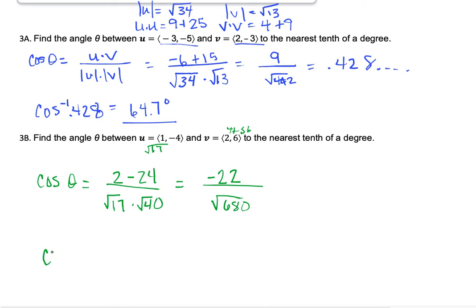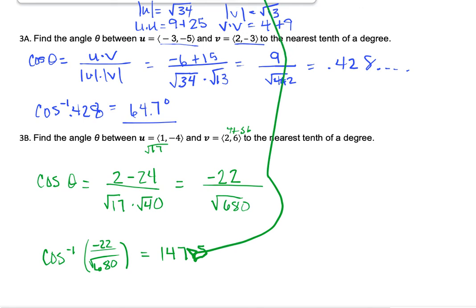So really, I can write inverse cosine of negative 22 divided by square root of 680. And that will give me my theta in degrees. Okay, I just did it to check it, and it is 147.5 degrees.